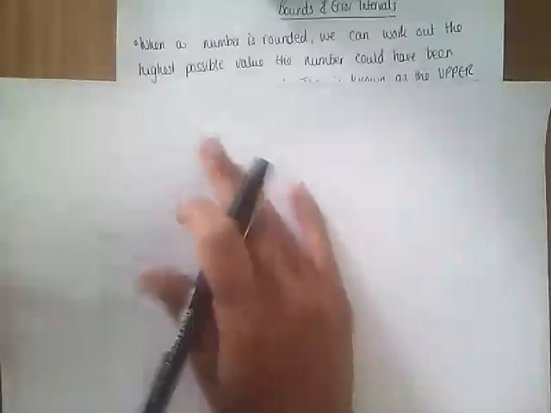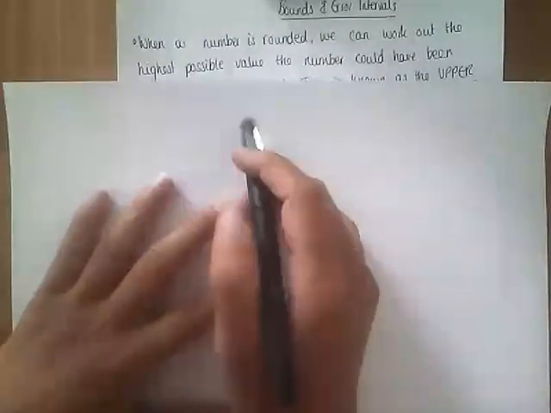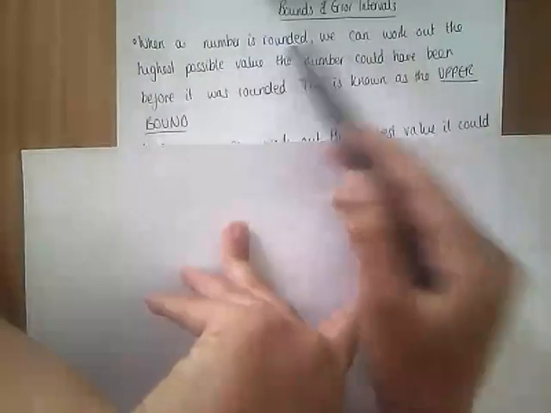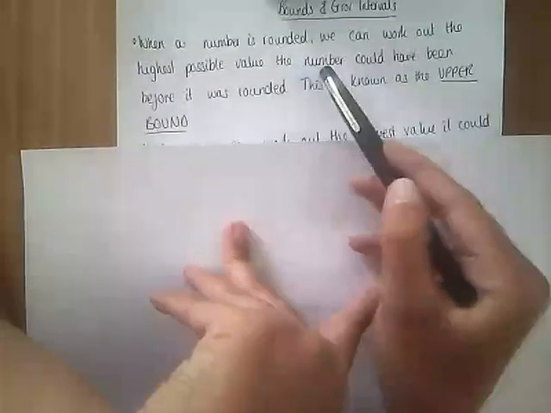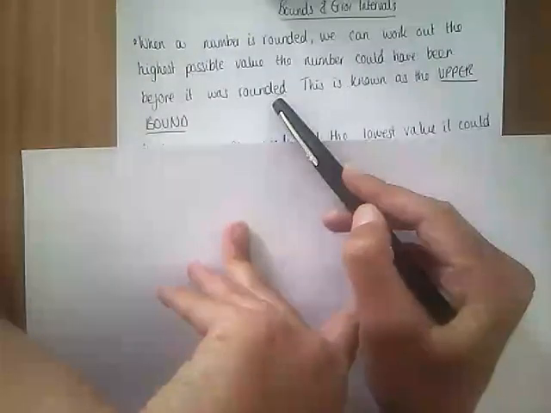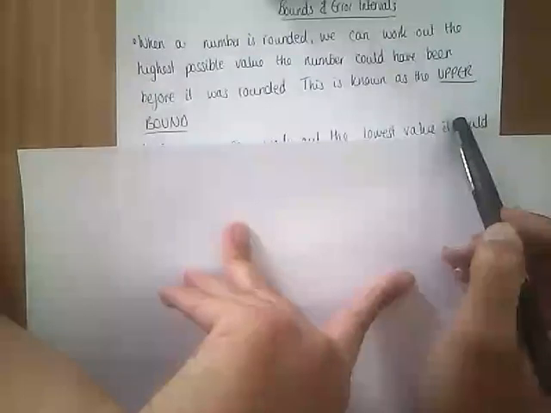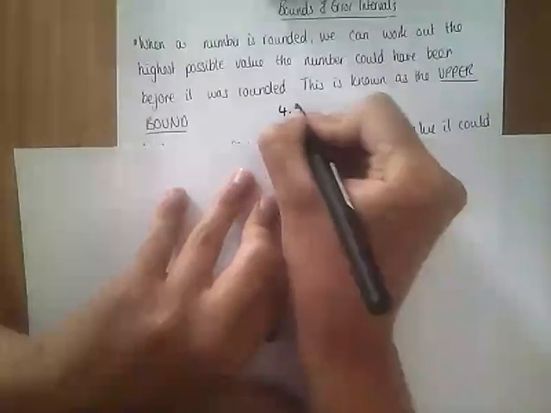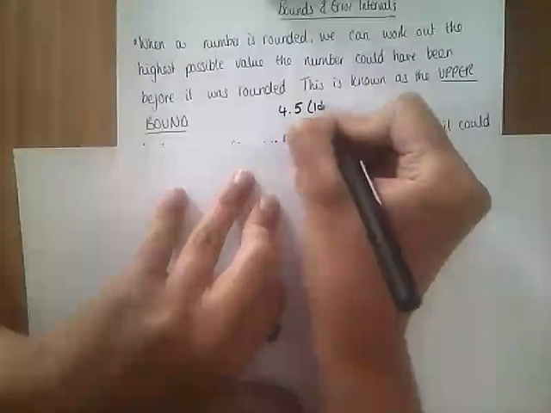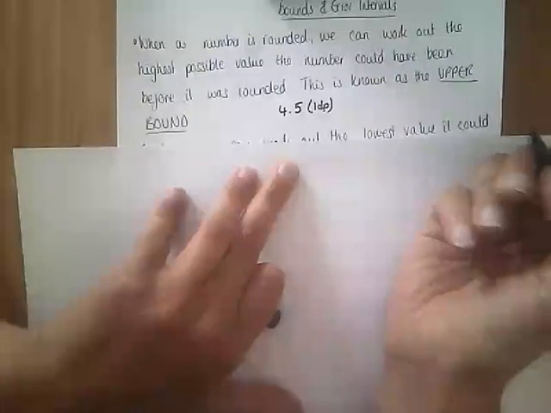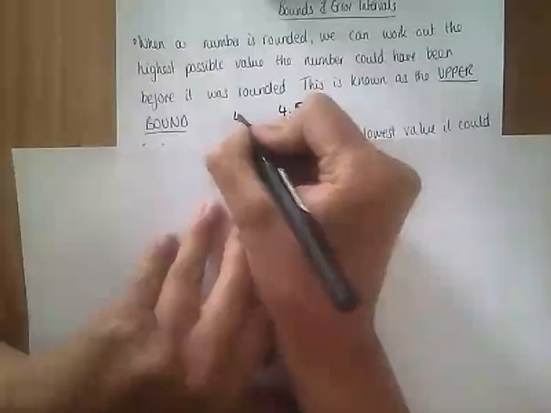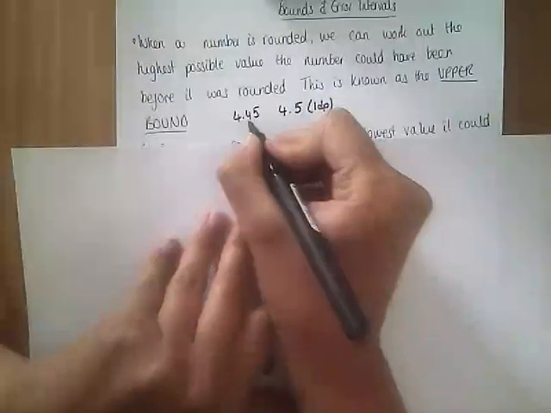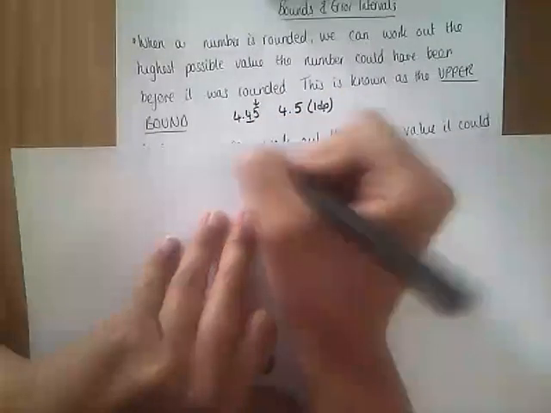Right, so I'm going to introduce to you today the idea of bounds, and I've written a little thing about what it is here. When a number is rounded, we can work out the highest possible value that number could have been before it was rounded, and this is what we would call the upper bound. For example, if you had a number that was 4.5, correct to one decimal place, the lowest it could be is 4.45, because we look at the next decimal place, the number next door is 5 or more, so we round it up.